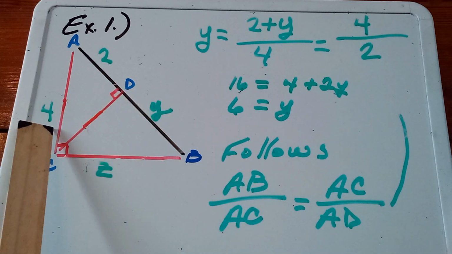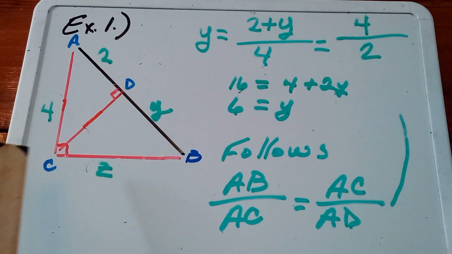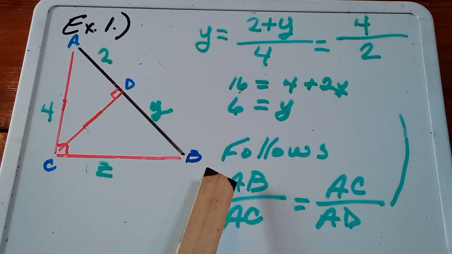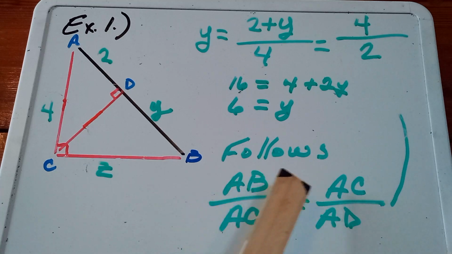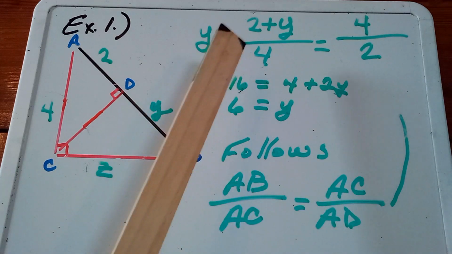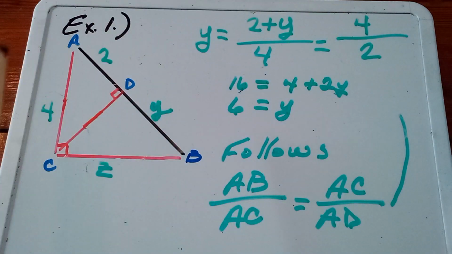Since we have the value for this mean, we're going to use our first ratio that I gave you in the previous video, and it goes like this. It is AB over AC, AC over AD.